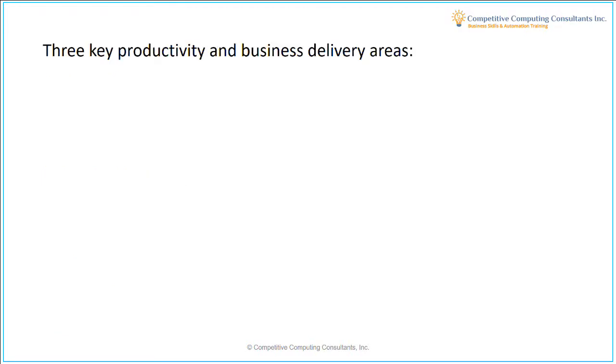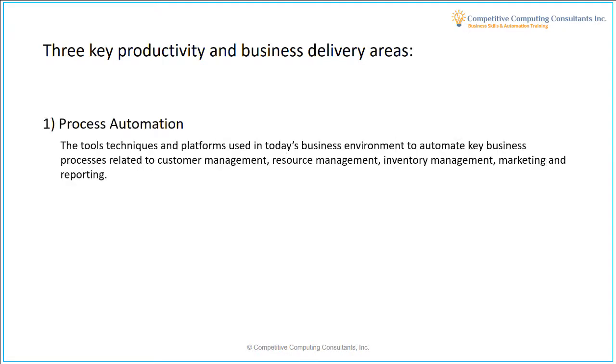At CCC, we believe in helping small businesses enhance their key productivity and business delivery areas. We focus on three main themes. First, process automation. Process automation are the tools, techniques, and platforms used in today's business environment to automate key business processes related to customer management, resource management, inventory management, marketing, and reporting.